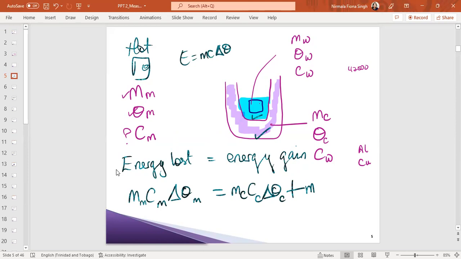Mass of our water, heat capacity of our water, delta theta of our water. If we know all the temperature changes, we know what theta M is, theta W is, theta C is. I know what M is. I know all of these terms. Look how easy this is going to be working out.